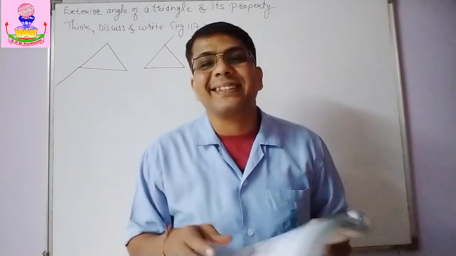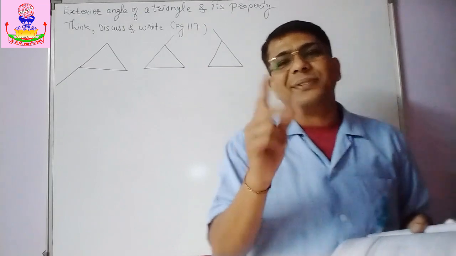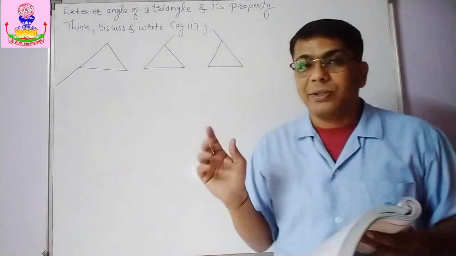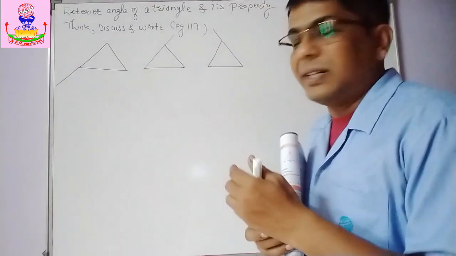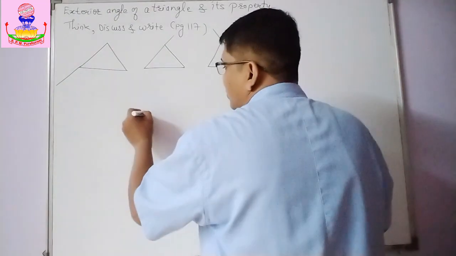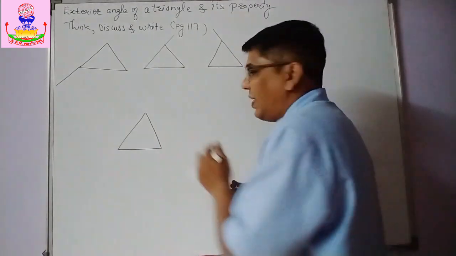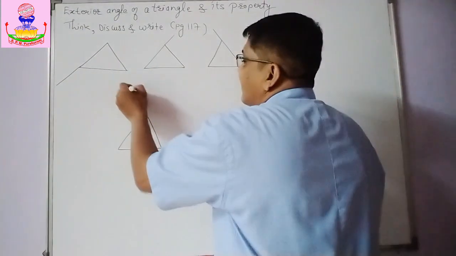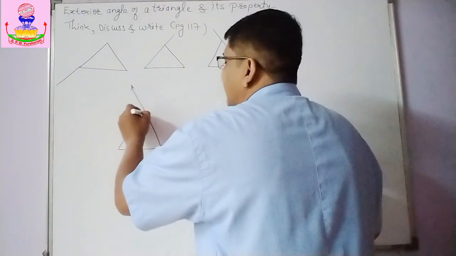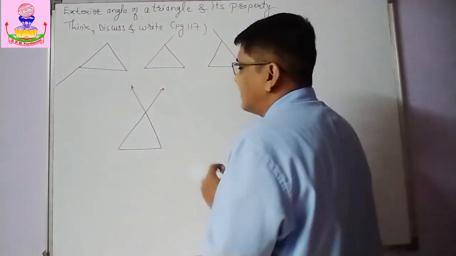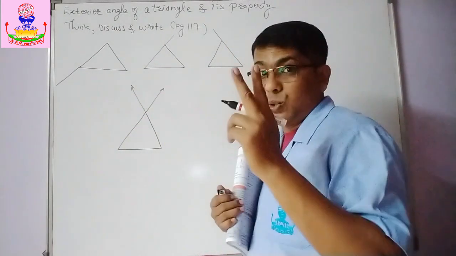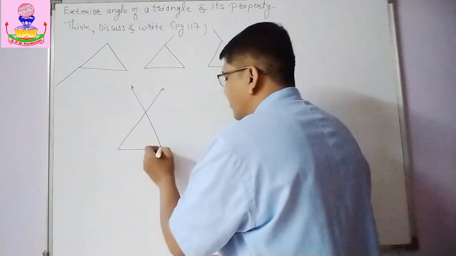Okay, for a triangle. Now question comes, then how many exterior angles are there for a given triangle? So you should know that. That is not discussed in the text here. So suppose this is the triangle. So I extend this side. So 1. This is the exterior angle, right? I extend this side. So this is another exterior angle.